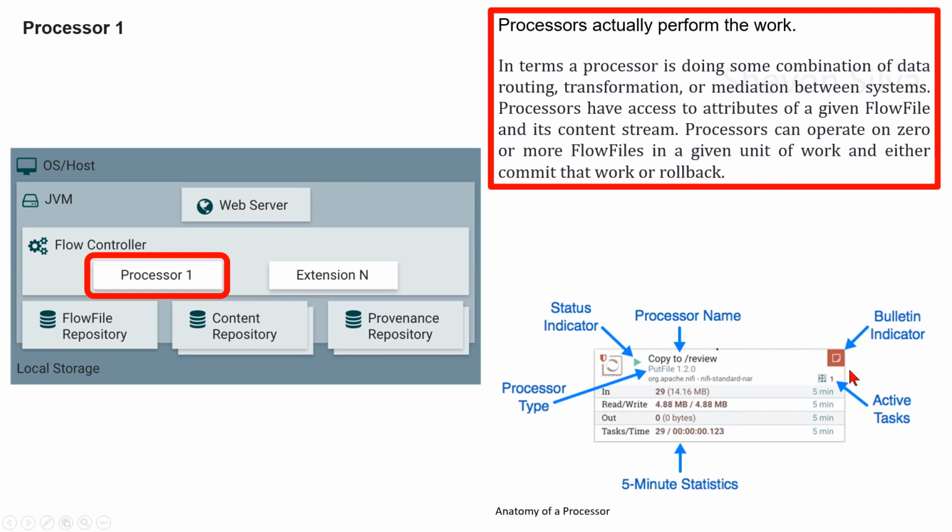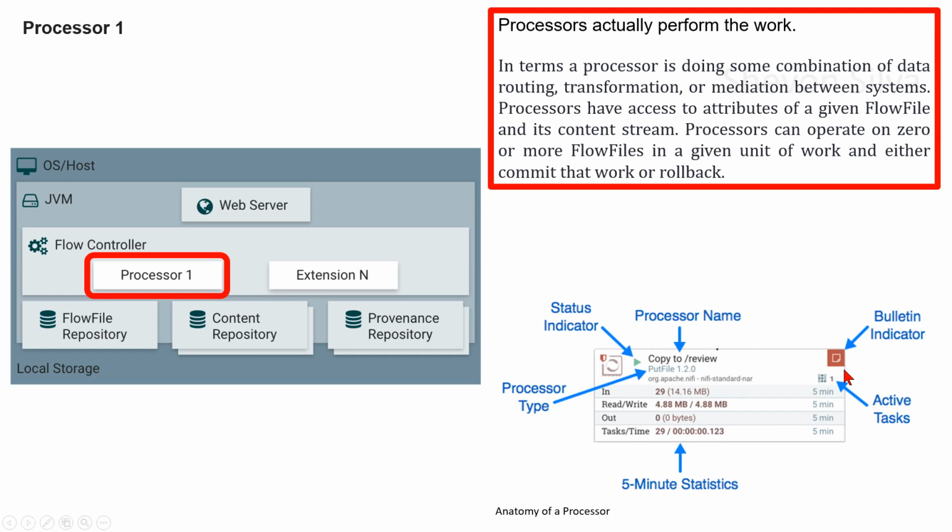The DFM is able to configure which bulletins should be displayed in the user interface by updating the bulletin level field in the settings tab of the processor configuration dialog. The default value is warn, which means that only warnings and errors will be displayed in the UI. This icon is not present unless a bulletin exists for this processor.